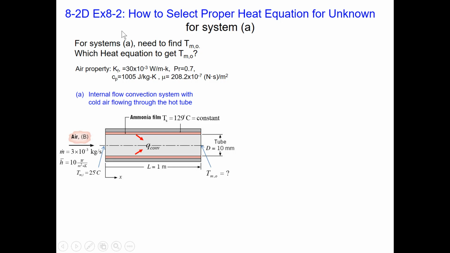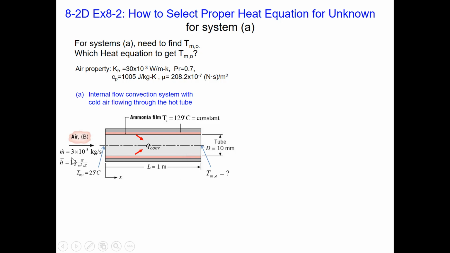Next, let's practice how to select the proper heat equation for the unknown. Example 8-2 for System A. System A is an internal flow convection system with cold air flowing through the hot tube.